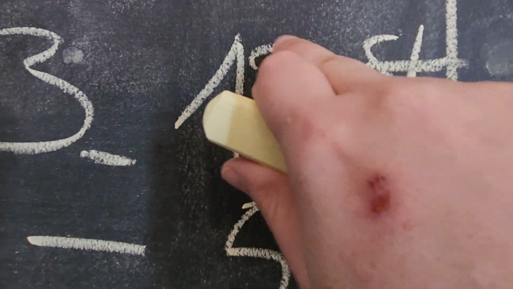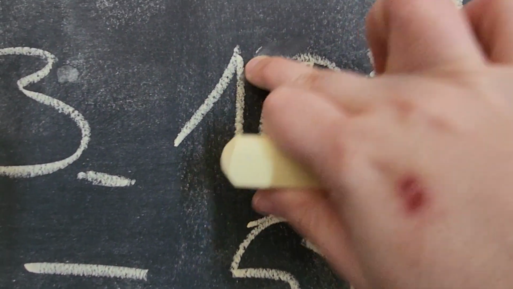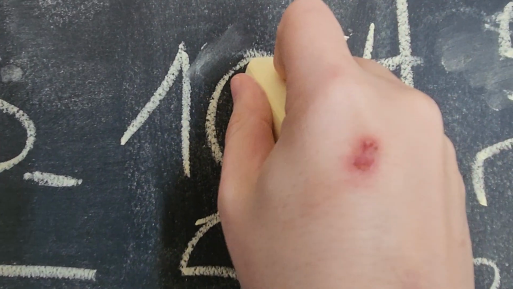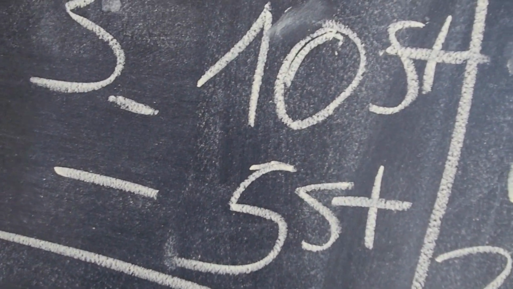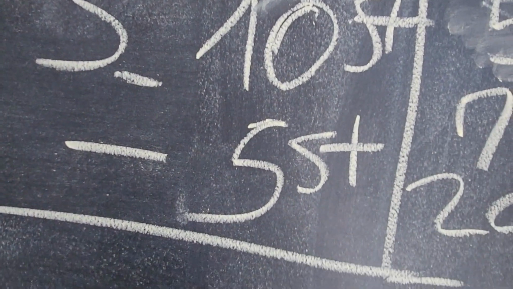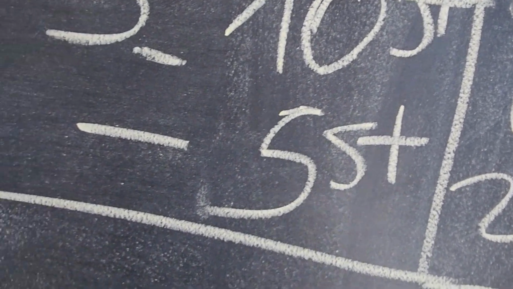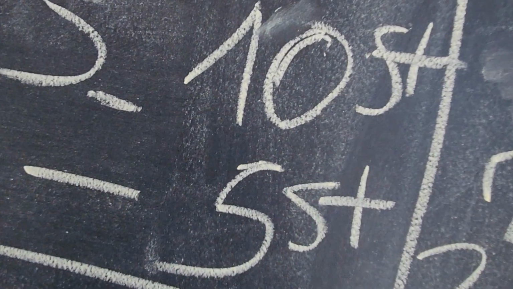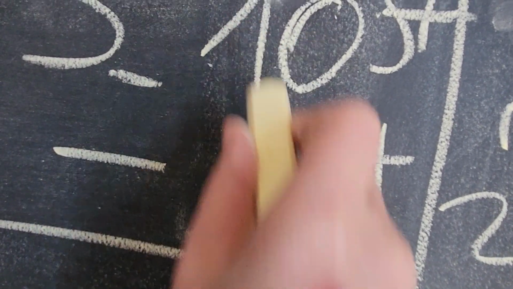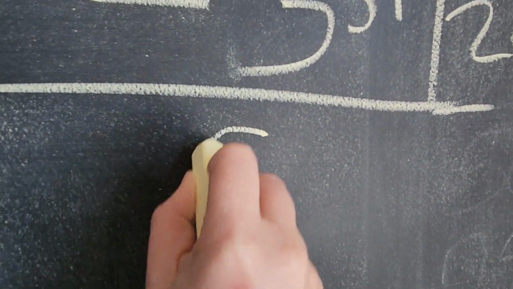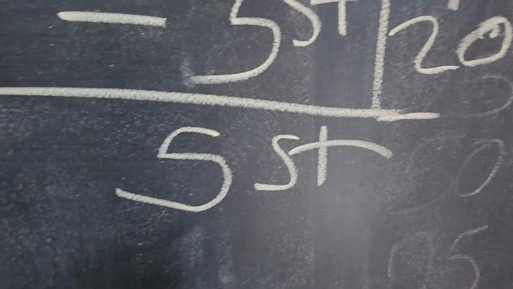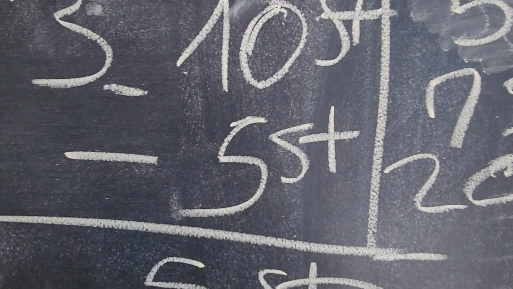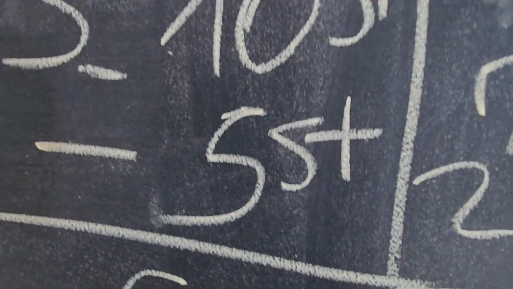Let me see. I haven't done this in a long time. Well, 10 minus 5 is 5 stone. So that's the best I could do with that. Just do 10 minus 5.